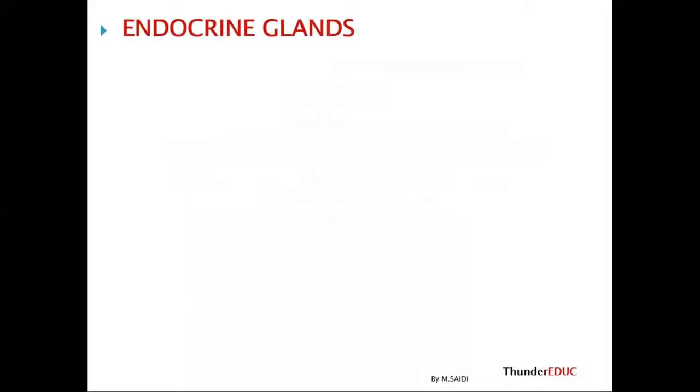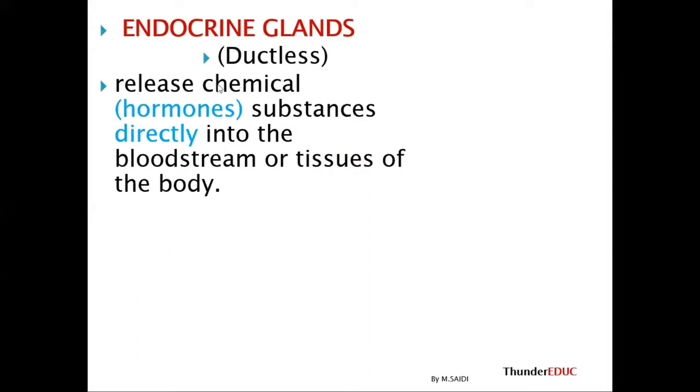Endocrine glands. When we talk about endocrine glands, it means the ductless glands. These glands release hormones directly into the bloodstream. It means that they don't have a duct.